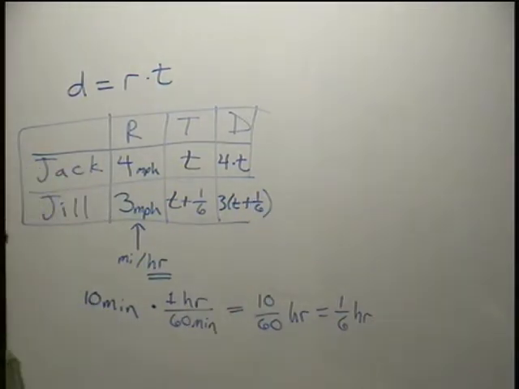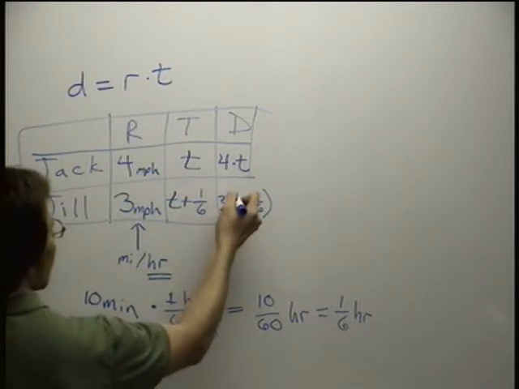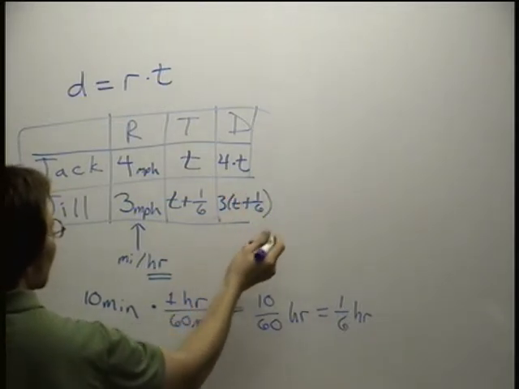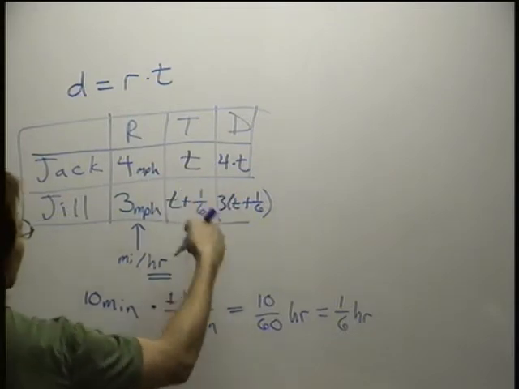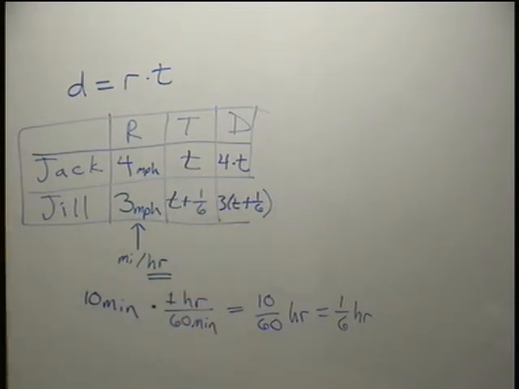Notice that we need these parentheses here to show that we are multiplying the 3 by the entire quantity, t plus 1/6. Now that we know each of their distances, how can we determine the distance around the block?